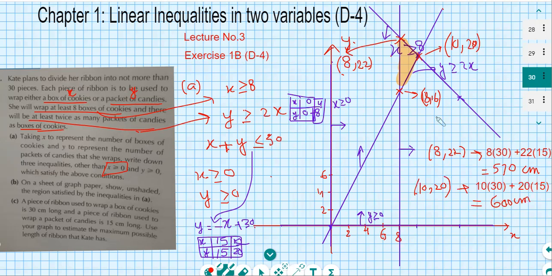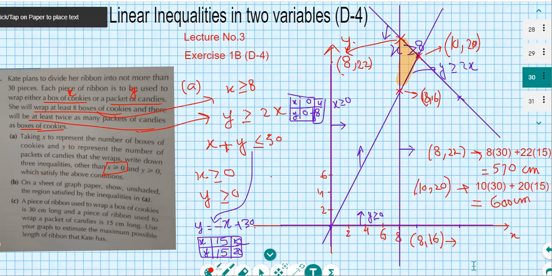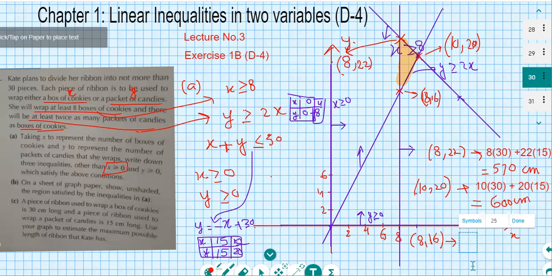Third point is 8, 16. 8 into 30 plus 16 into 15.